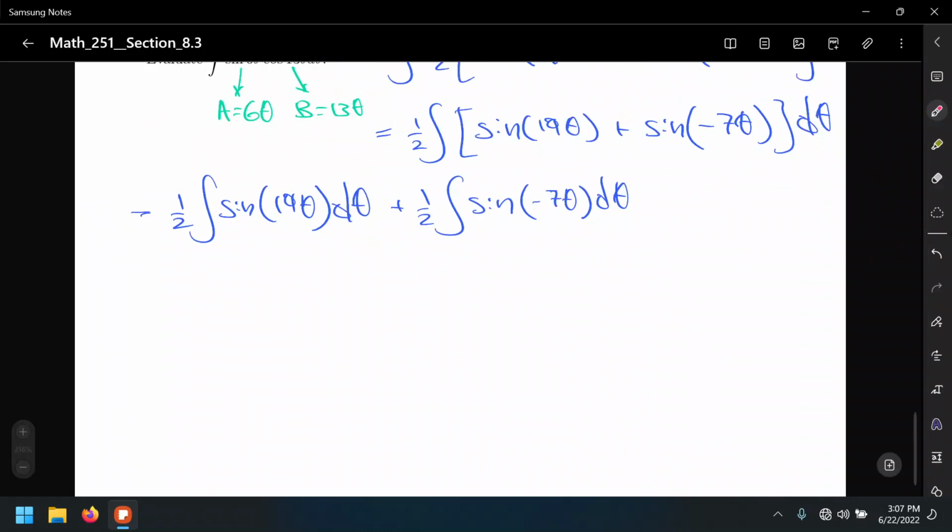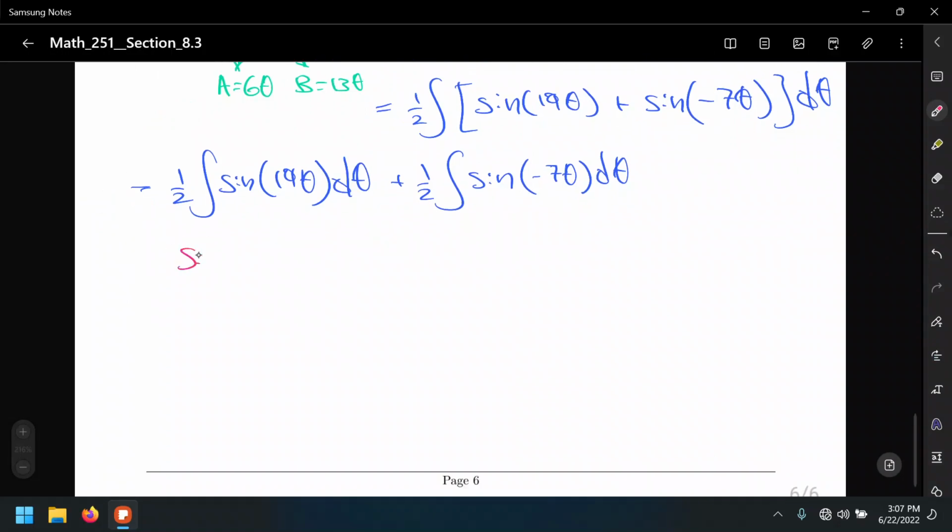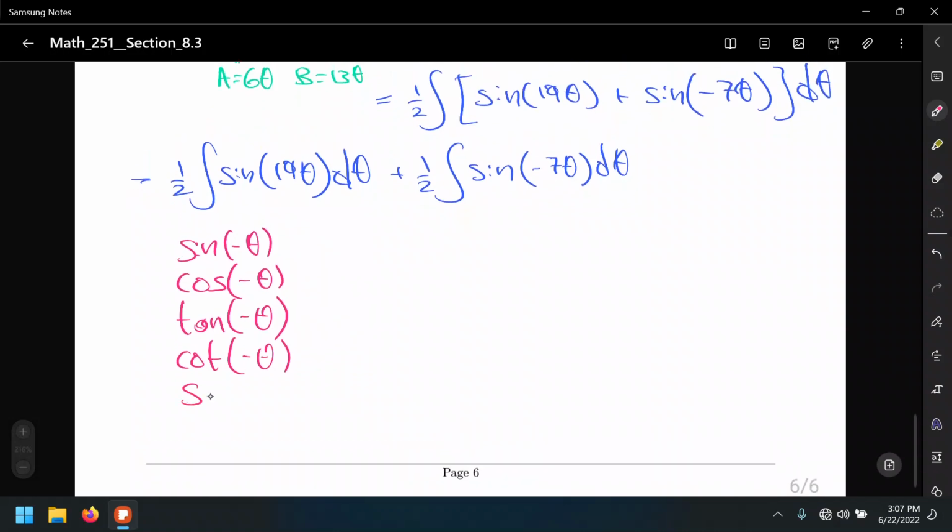I think it's a good review to list all of them: sine of negative θ, cosine, tangent, cotangent. What does each function equal? So sine of a negative angle, what is that equal to?